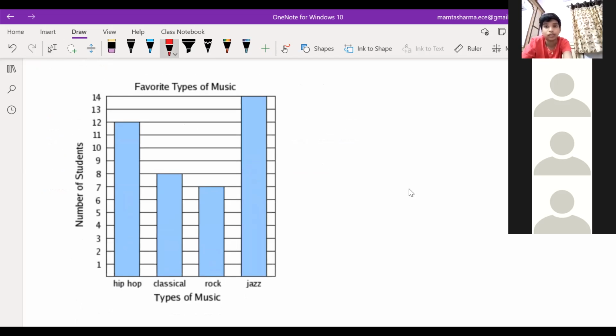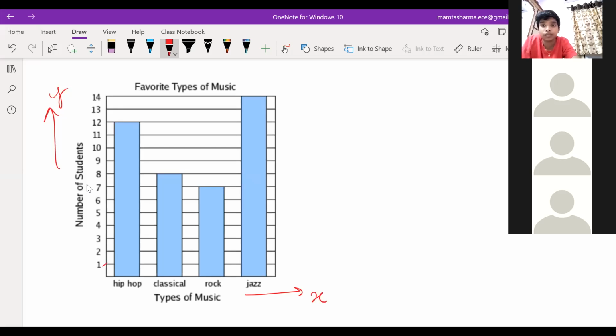There will be two axes, the x-axis and the y-axis. On the x-axis you can take the number of students, type of music, or type of games. The observation will be taken on the y-axis. Scale is important.